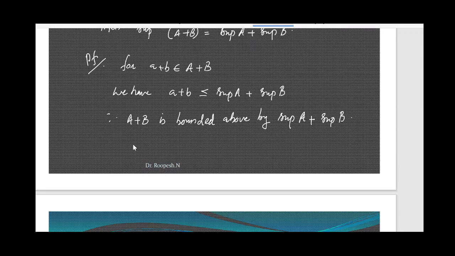Therefore, supremum of A plus B is less than or equal to supremum of A plus supremum of B. Since we have found that for A plus B, it is always less than or equal to supremum of A plus supremum of B for every element of the set A plus B, its supremum is also less than or equal to this value.